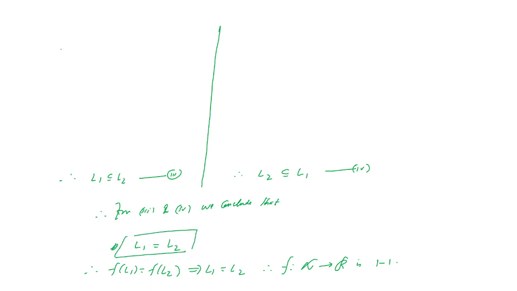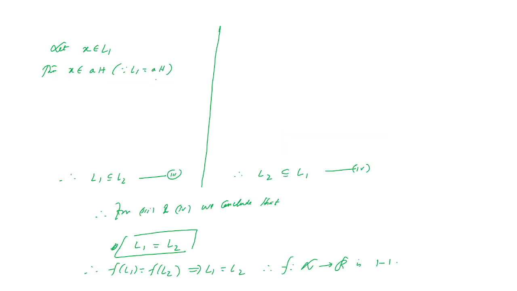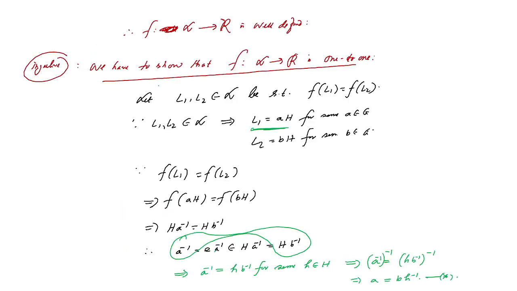So how will you say L1? Take an element, say X belongs to L1. Then X belongs to L1 means X belongs to AH, since L1 equals AH. And from that, what can we write? We can write X equals AH1 for some H1 belongs to H. What is the meaning of A here? A is basically BH inverse.